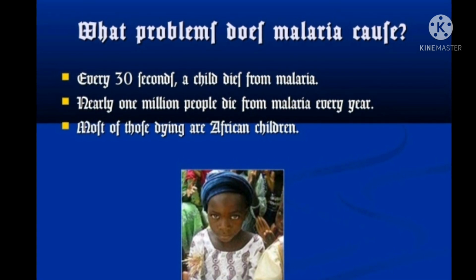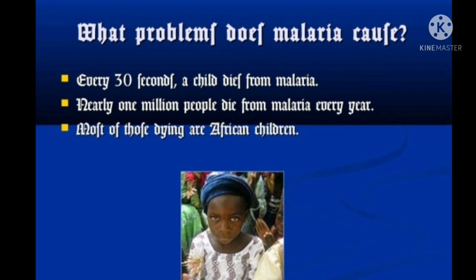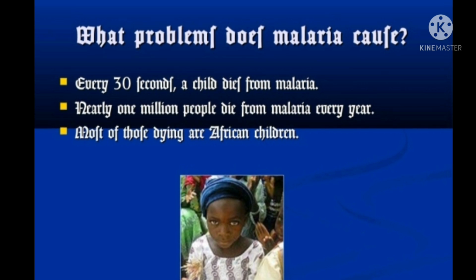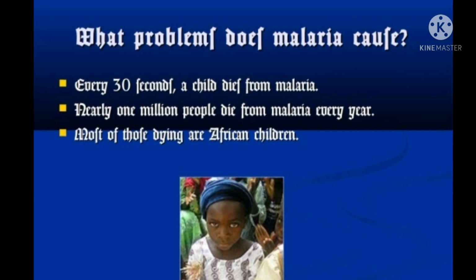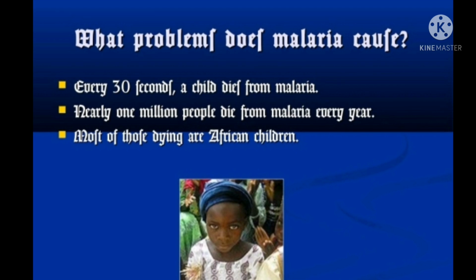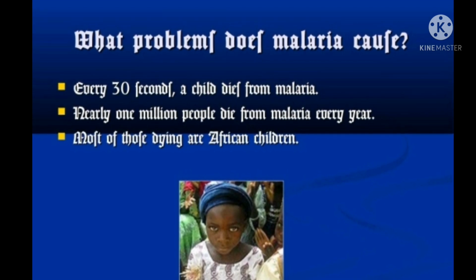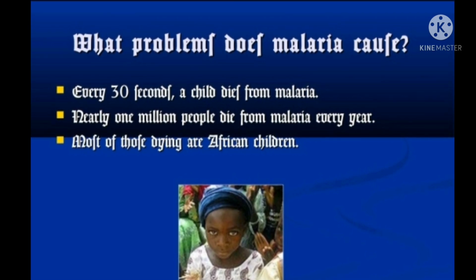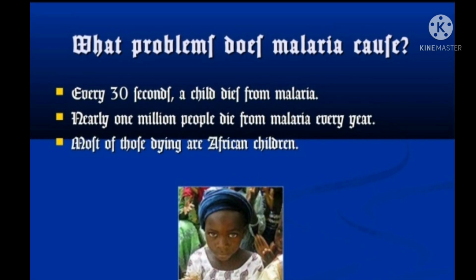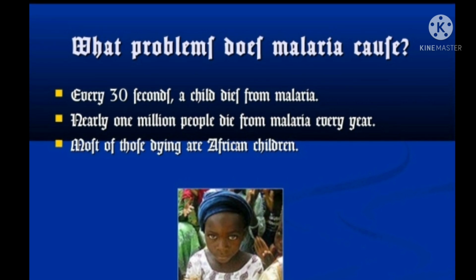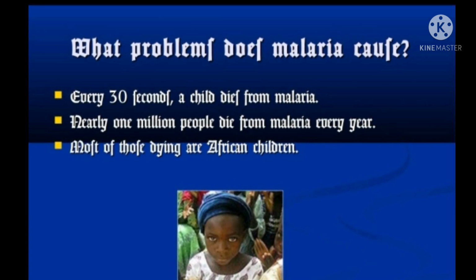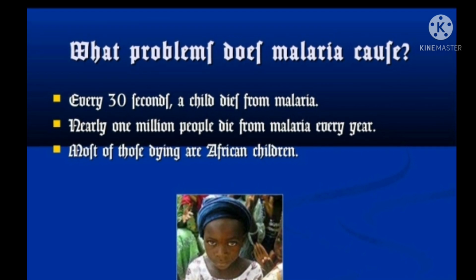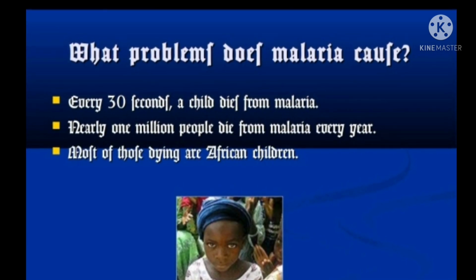What problem does malaria cause? Every 30 seconds, a child dies from malaria. That's very sad. Nearly 1 million people die from malaria every year. So that's a very big number. 1 million people, can you imagine?